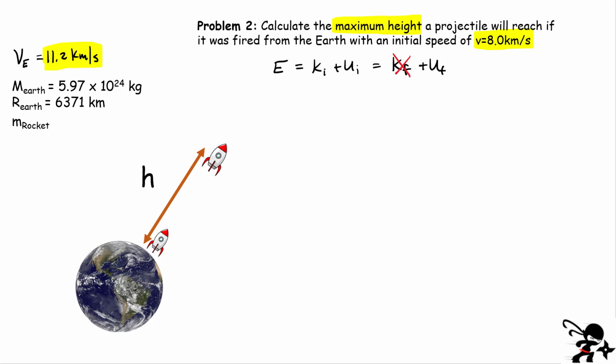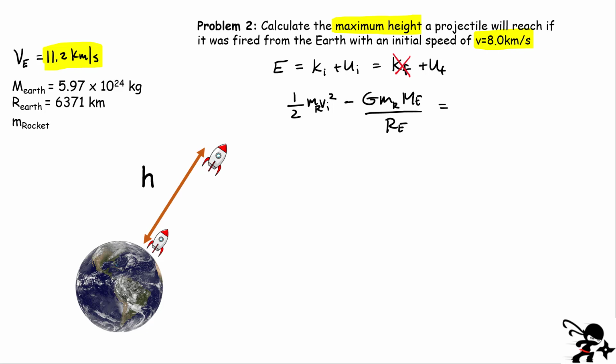All right, so next step, let's go ahead and write it. We know we have initial kinetic energy. We have gravitational potential energy since I'm on the surface of the Earth, so I can write that term, G, m of the rocket, mass of the Earth, and initially I'm on the surface of the Earth, so I write RE over here.